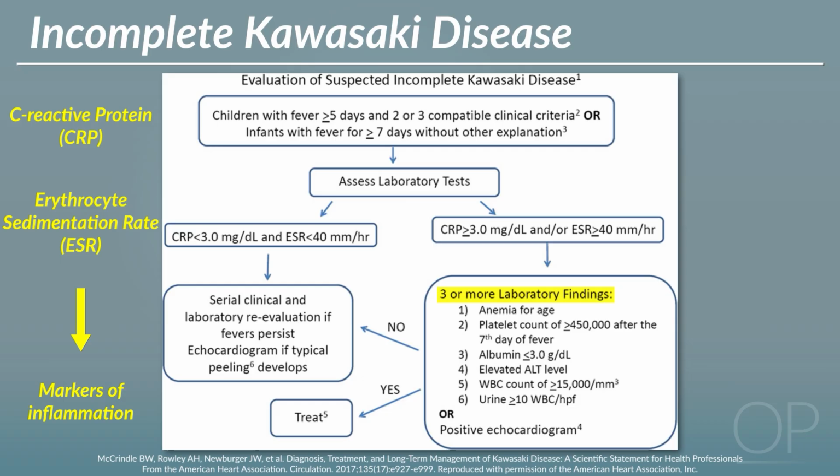If the patient has 3 or more of those findings, or has a positive echocardiogram, treatment should be initiated. In the absence of those features, the patient should be monitored clinically with repeat laboratory testing if the fever persists.